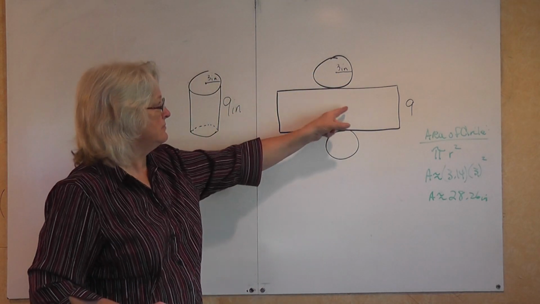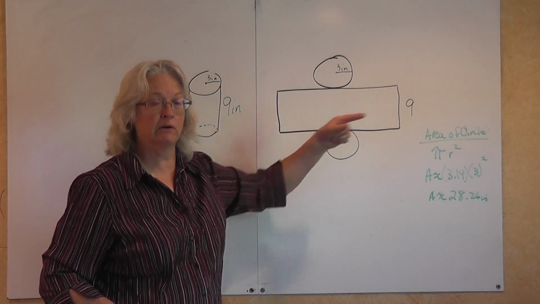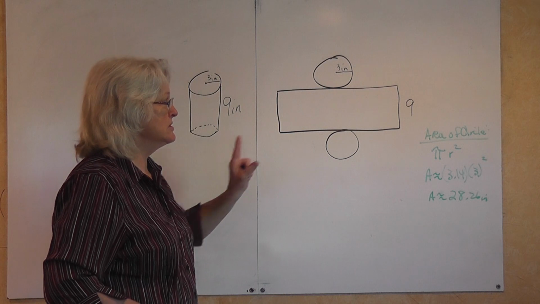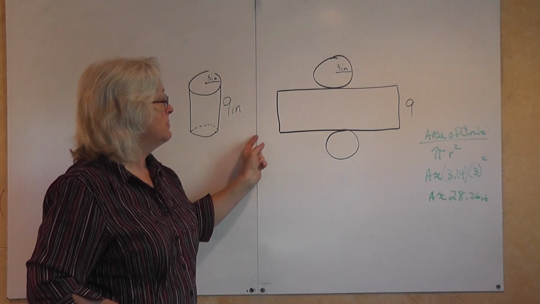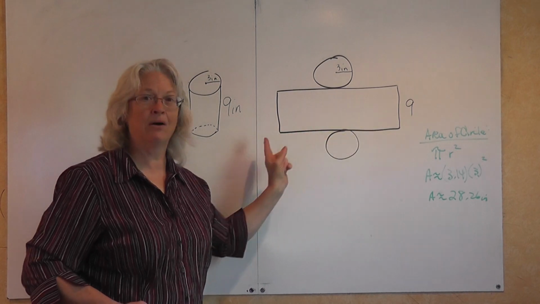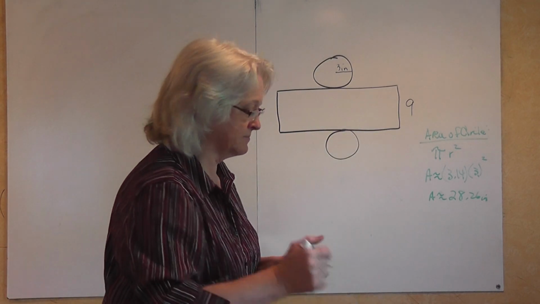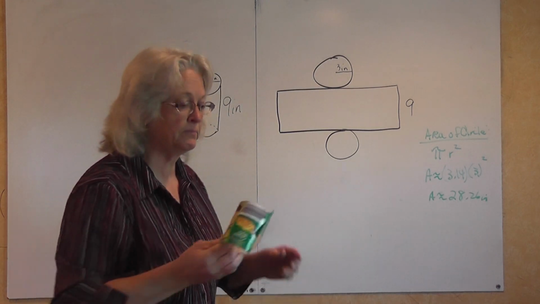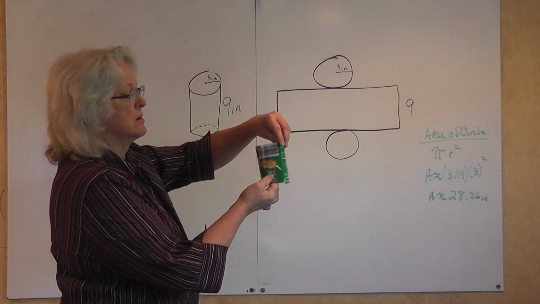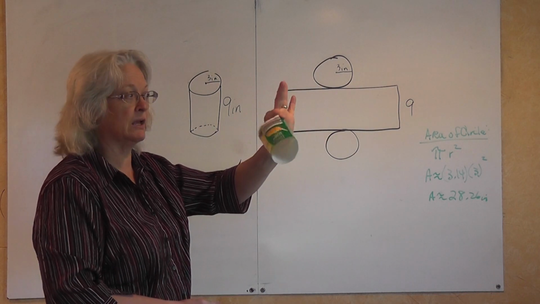Now, we know what the width of this rectangle is, which is actually going to be sort of like the height of the cylinder. But what is the length? How are we going to know what the length is? Well, let's think about this. Let me come back to my picture here. I cut the label off of the can.